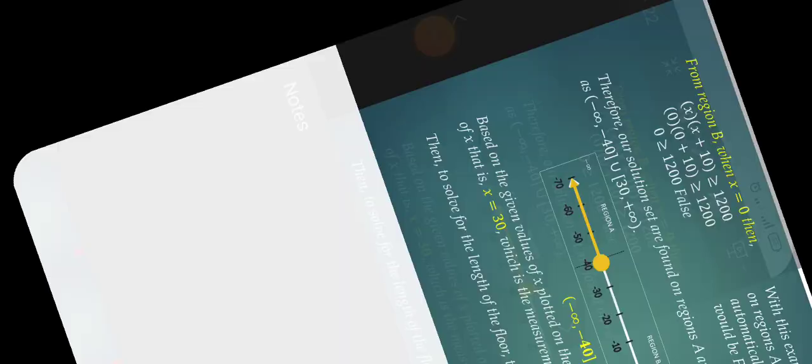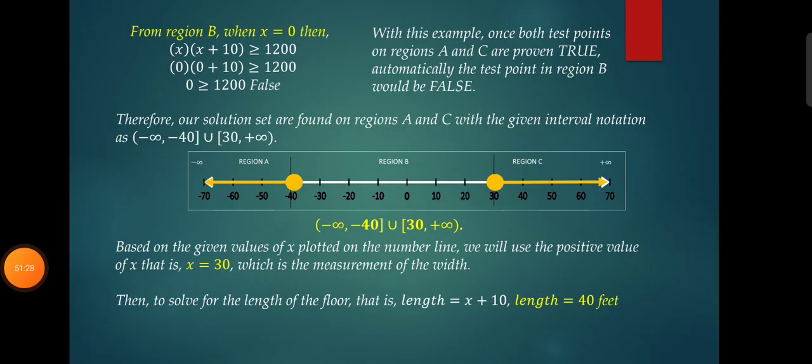The first graph, going to the left, cannot be used because those are all negative. It cannot be used for the values in region B because those are false. So we can directly use the values in region C, all the values pointing to the right. It starts at positive 30, which is the measurement of the width.